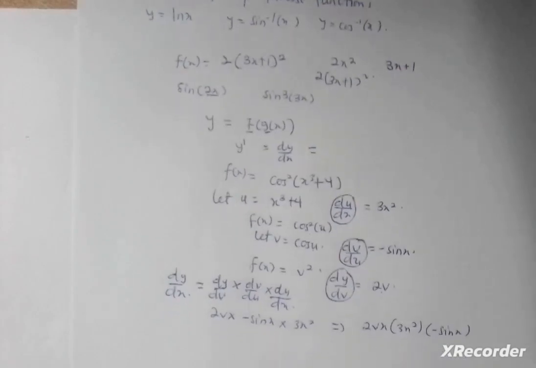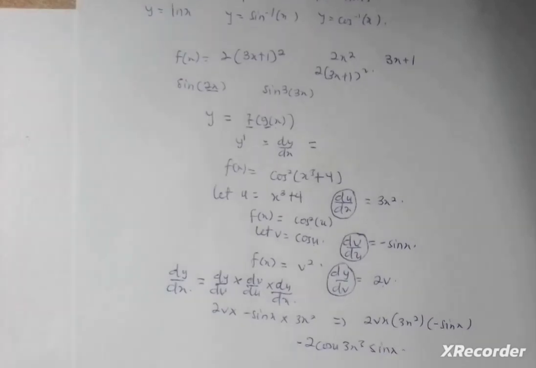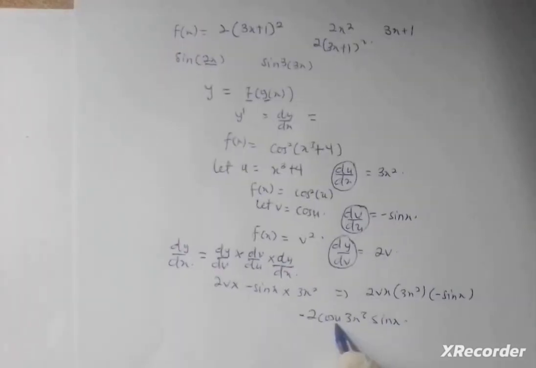Let me still further simplify. Now my v I know is to be cos u, so I'll say 2 cos u. My x and this will give me 3x cubed. Then I'll put my negative here, sine x. I'm still not done. This u there is x cubed plus 4.